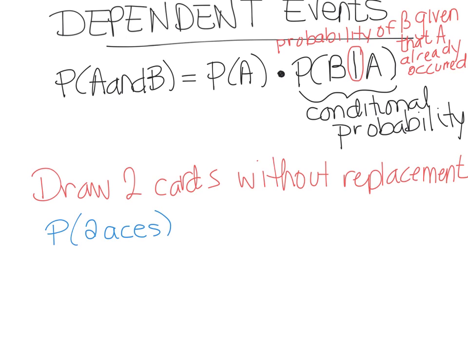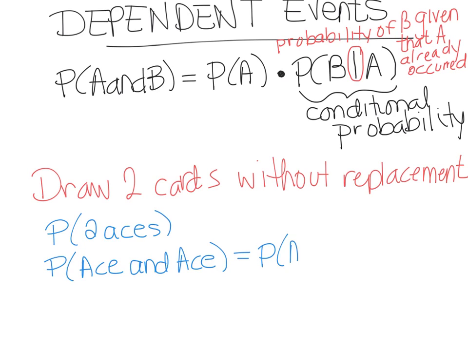So the implication there is your first card is an ace, and the second card is an ace as well. So that's going to be the probability that the first card is an ace times the probability that the second one is an ace, given that the first was already an ace.